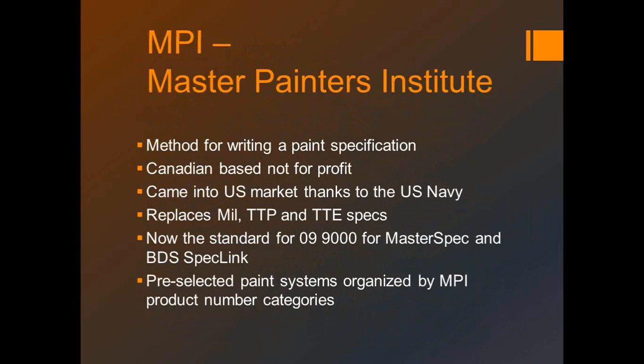That got a little cumbersome, and it wasn't easy to bid, and people were having some difficulty writing specifications using that system. Then the U.S. Navy got a hold of the MPI out of Canada and brought it into the United States as a system to work with them. It got picked up throughout the entire government and has become a standard for most government work now. So it has become an integral part of what we do in the paint business.